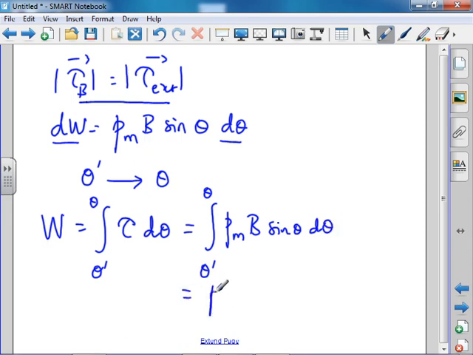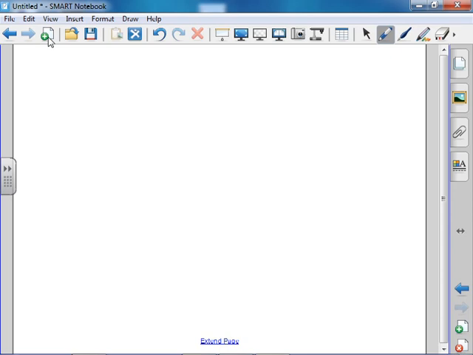So if PMB is constant, take it outside. If you integrate sin theta, what will you get? You will get minus cos theta, and the limits are from theta dash to theta. Now apply the limits. What will you get? PMB into minus cos theta, from theta dash to theta.